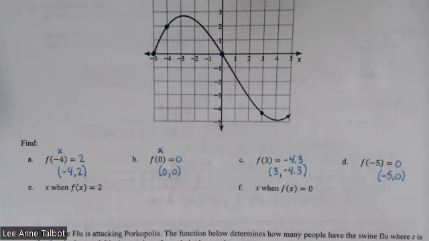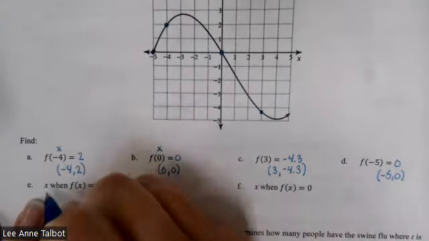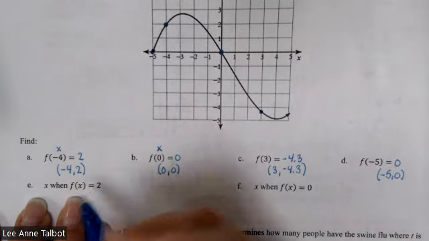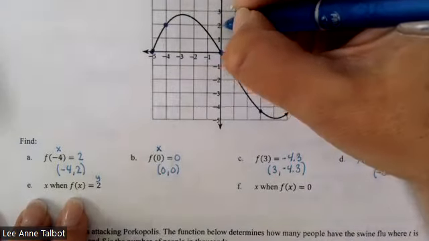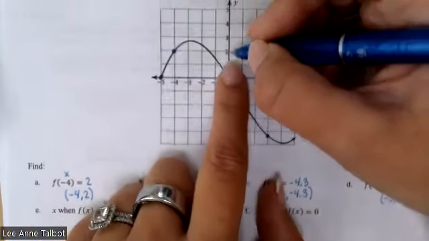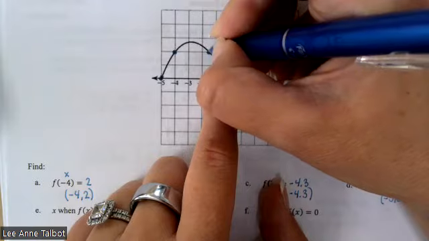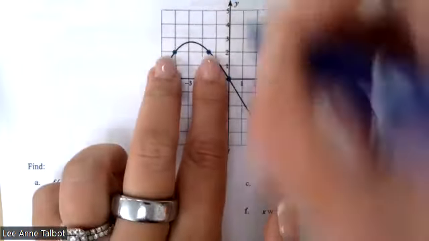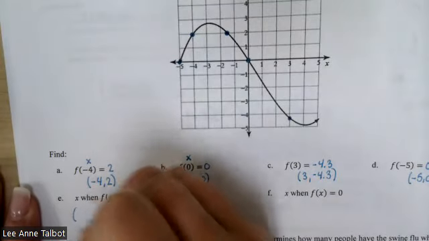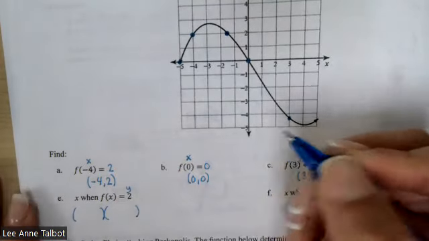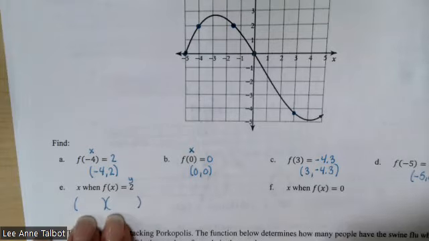Okay. So this is saying, what are the x's when y is 2? And so I'm going to go over here to where y is 2, and there's actually 2 of them. Can you guys tell there's 2 spots where y is 2? So over here, I'm going to make spots for 2 coordinates.